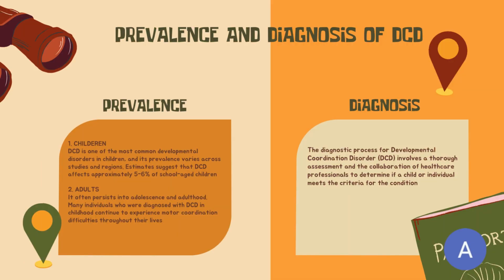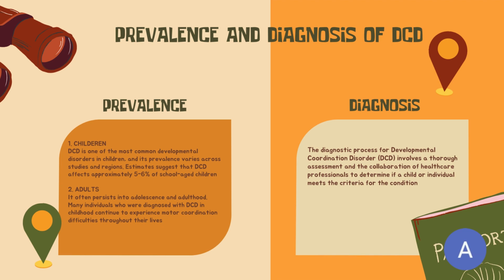So the prevalence of developmental coordination disorder in children can vary depending on the criteria used for diagnosis and the population studied. However, it is estimated to affect a significant portion of the child population. So in prevalence, let's see both children and adults.